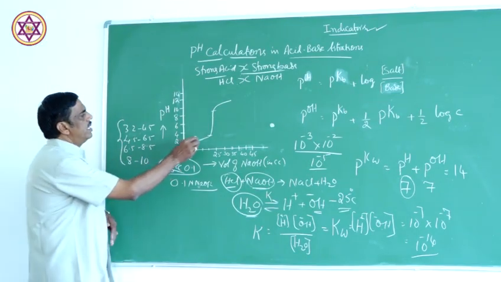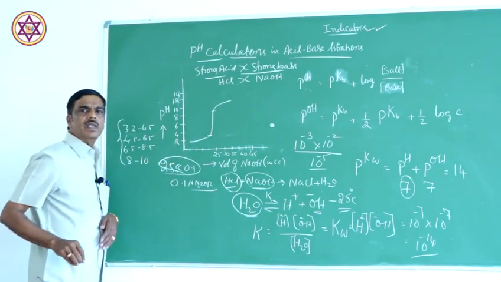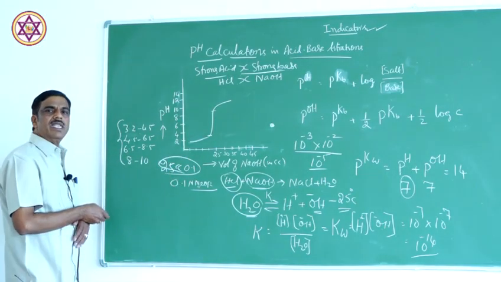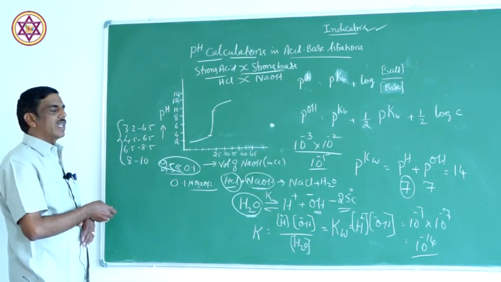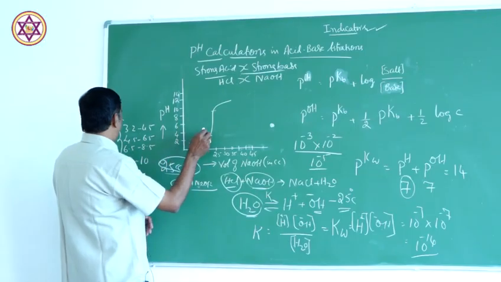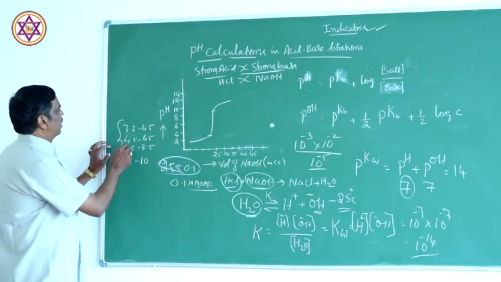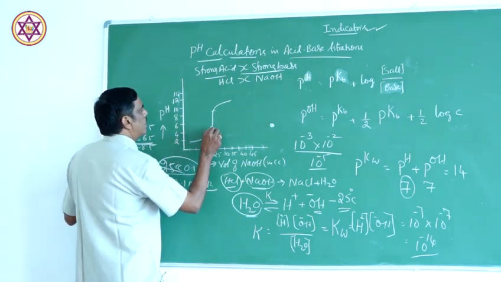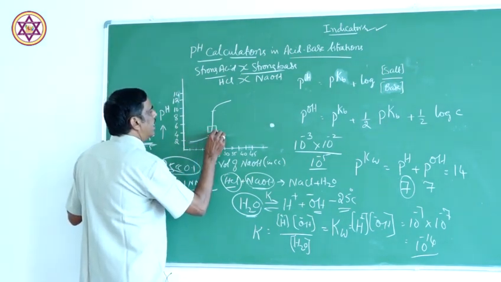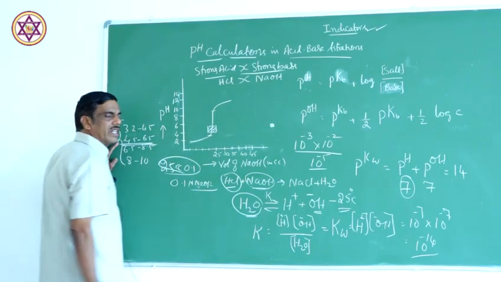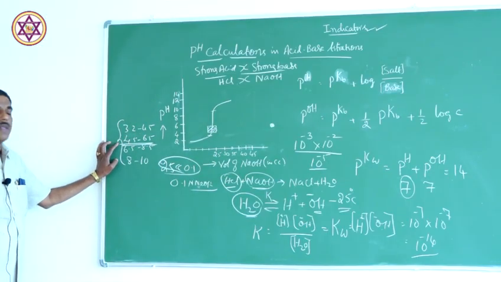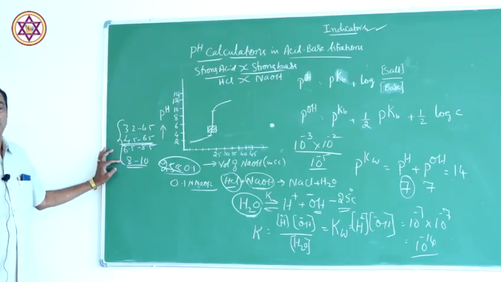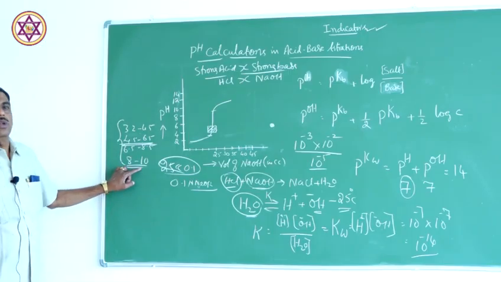So here, in this rise in pH at the end point, which rises from 4 to 10, you can use any indicator. For example, methyl orange, which has the range 4.5 to 6.5, which comes here, indicates the end point of the titration. Another indicator is phenolphthalein, which has a pH range between 8 to 10.